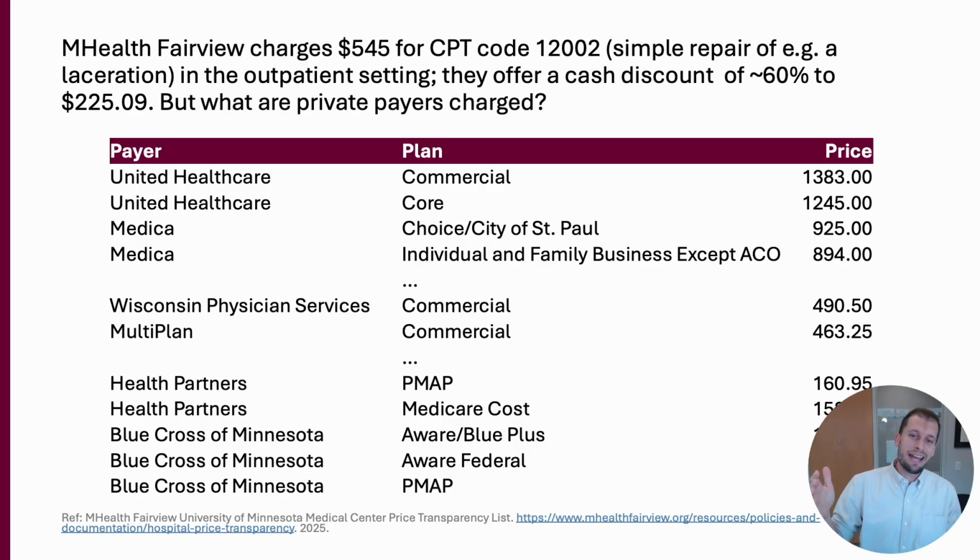But it actually ends up being quite a bit different based on who's paying, right? So United Healthcare Commercial is going to pay $13.83. Whereas if you're a cash patient, you're going to get a discount of 60%. You're only going to pay $225. Okay, so it's sort of all over the map. Medicaid, so that PMAP, $160.95.